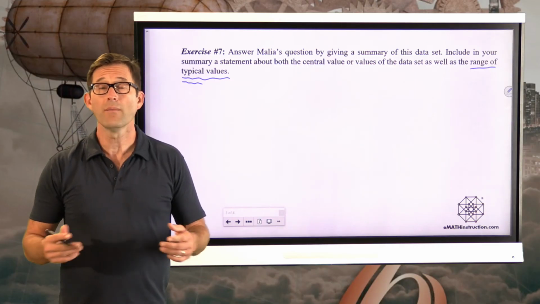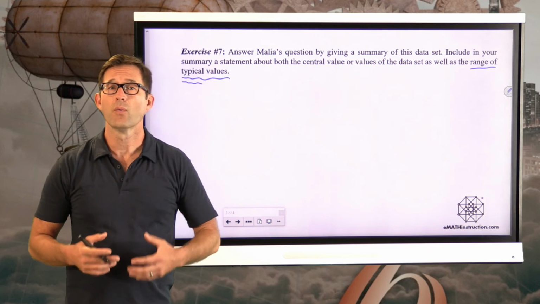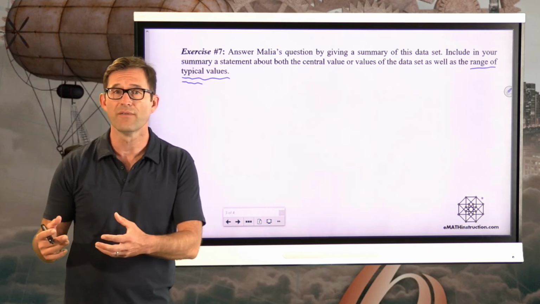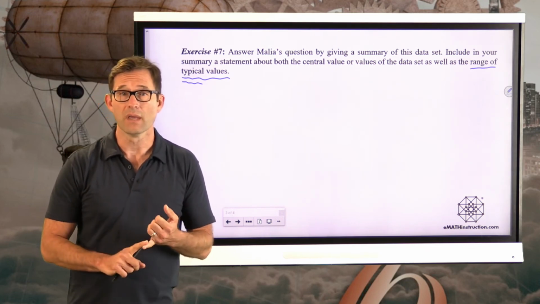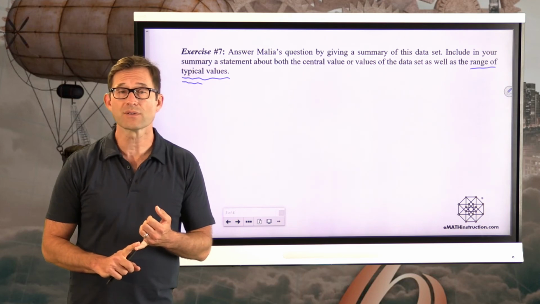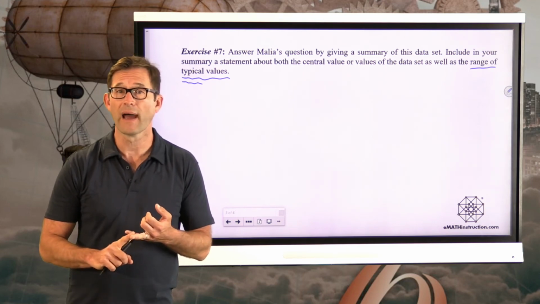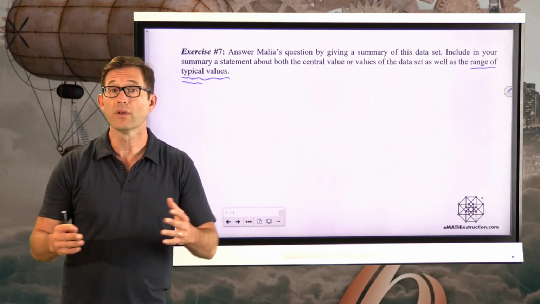All right. Well, oftentimes you start off with something that has a center of value in it. We could use the mean of 9.25 hours. We could use the median of 9 hours. Either one is fine. We could use them both.